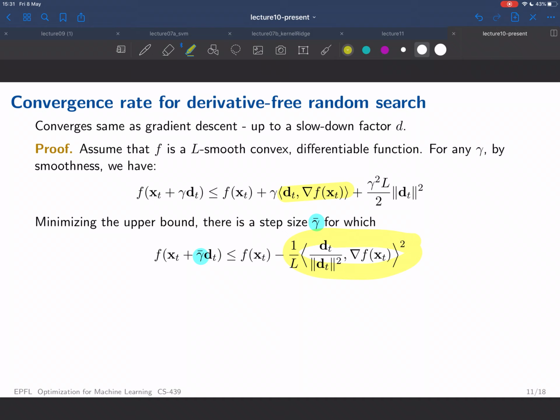That's the standard trick. So there is a theoretical gamma which makes this smallest, and smallest means this. And the cool thing is that this is negative. So now this is a strict improvement. That's cool. There is a minus here, so we have achieved what we wanted.